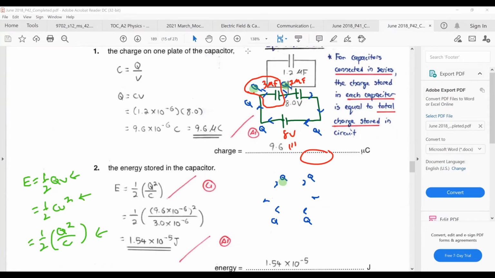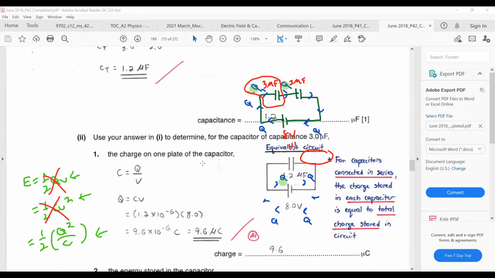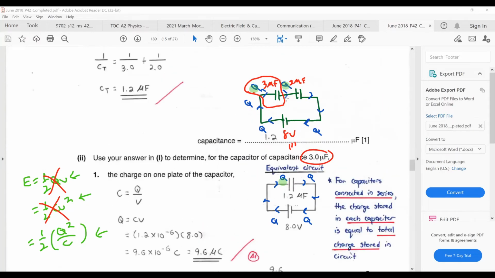You won't be using the first one, neither will you be using the second one, because you do not know the PD. Like in your case here, I know that the supply voltage is 8 volts.